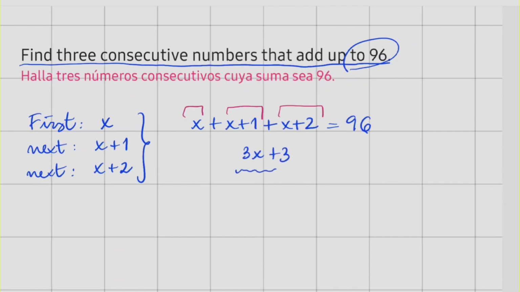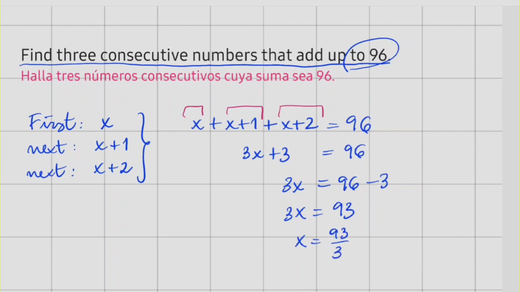You see, this part of the equation is exactly the same as the one we wrote in the previous problem. So this equals 96. Now we move the 3 to the other side with a negative sign, and we end up with 93 equals 3x. Now this 3 will go underneath, dividing the 93, and that means I would need to divide 93 by 3, which is 31.